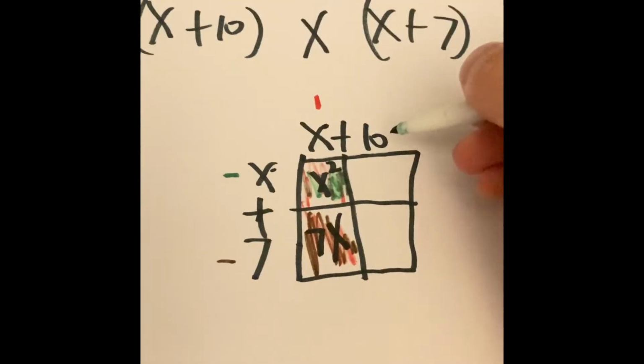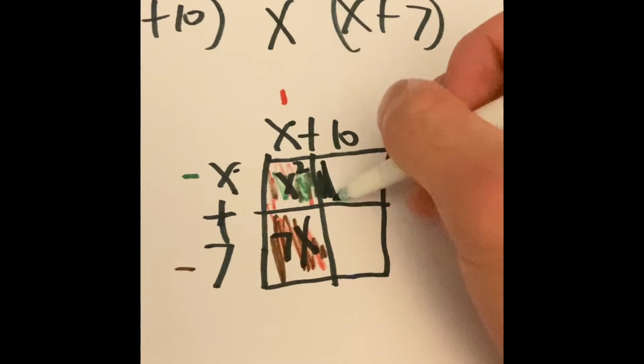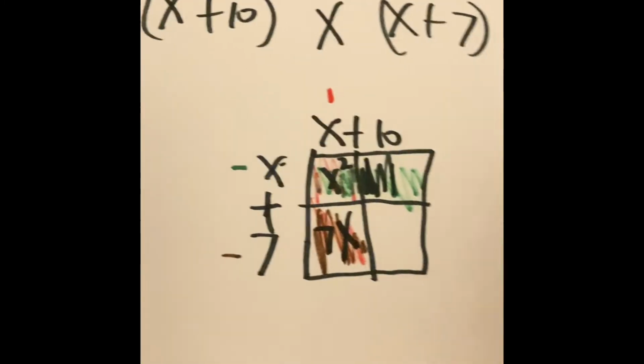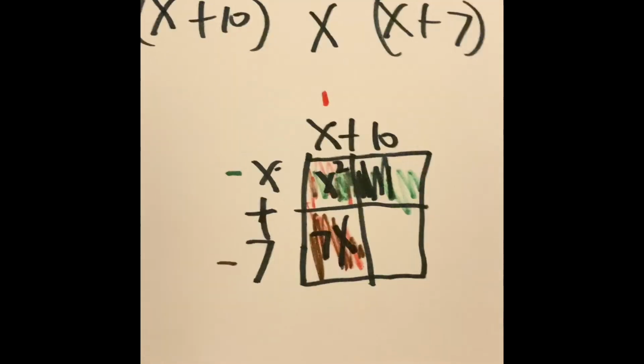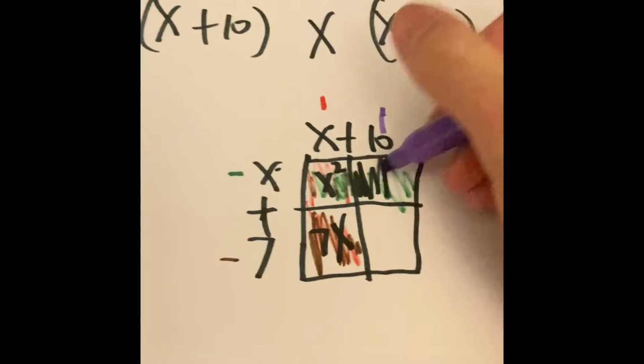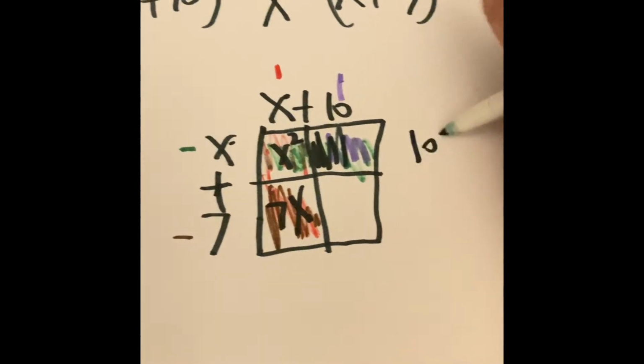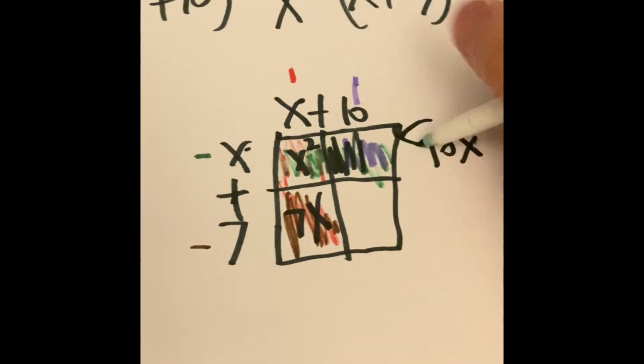x being multiplied by 10, we're going to shade green and shade in purple because 10 doesn't have a color yet. And when we do that, that will become 10x for this box right here.